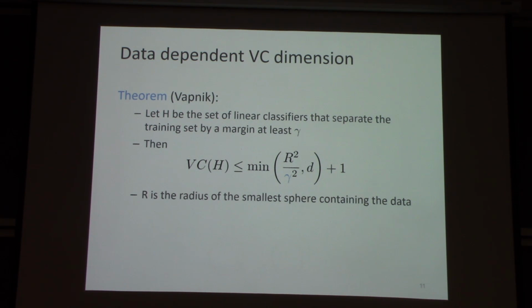This means for a particular data set, if you have multiple hypothesis spaces, each defined by a set of linear classifiers with a particular margin, you should choose the one that has the largest margin. That makes sense? Because lower VC dimension gives you better sample complexity, and a better bound on the generalization error from the first slide that we saw, that theorem that we had.